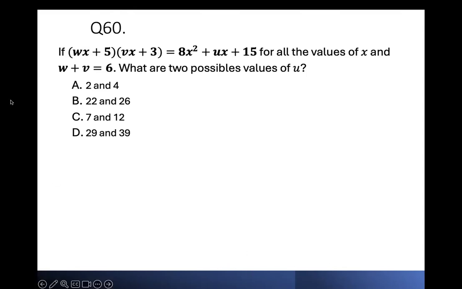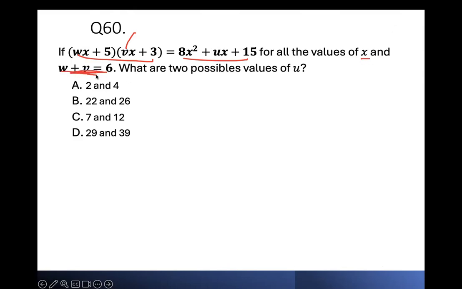What do you see here? They said this equation is that. Oh, it's already simplified. That means the factors of this is that. It has to be true for all the values of x, and that means it's true.